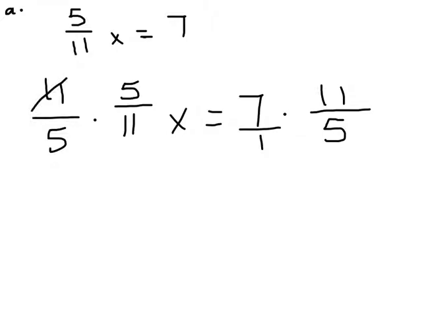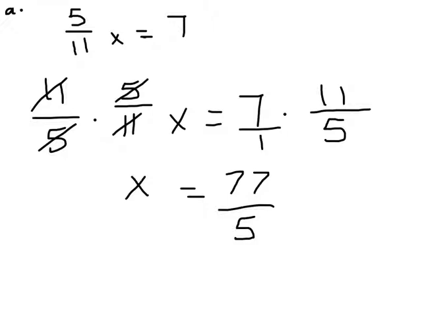With my cross-canceling, I can cancel all of those out to 1s, and I get x equals 7 times 11 is 77, and 1 times 5 is 5. 77 over 5, and we can divide 77 by 5, or you can just leave it as 77 over 5.